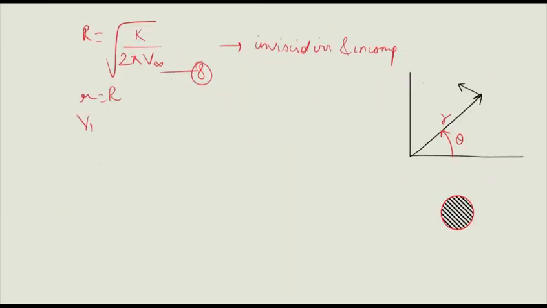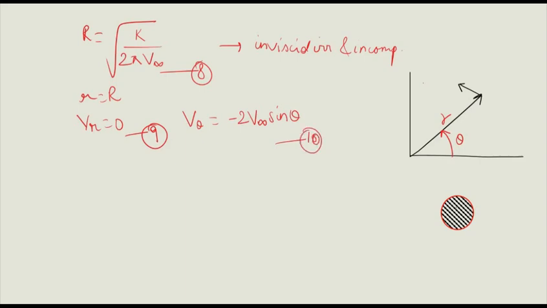That would be V_r resulting in 0. Let us say that's our equation 9. And V theta would be minus 2 V infinity sine theta. Let us say this is our equation 10.